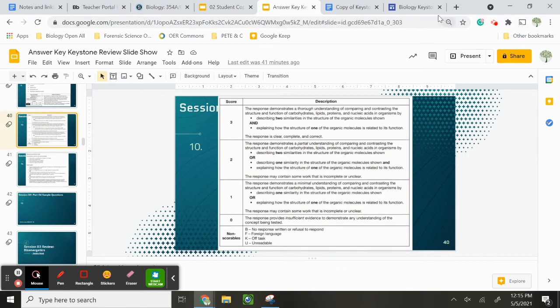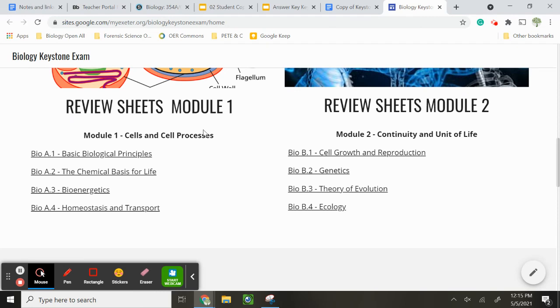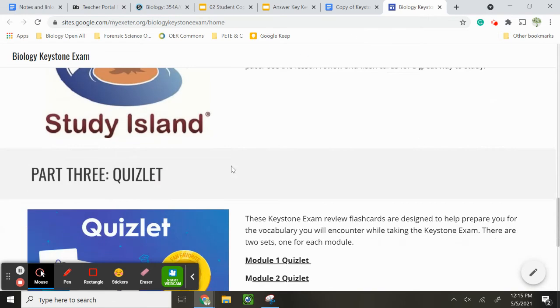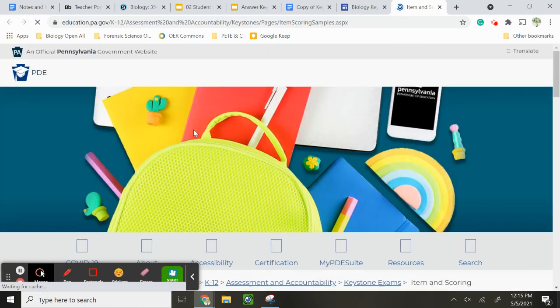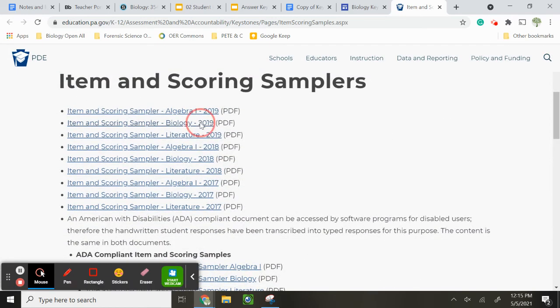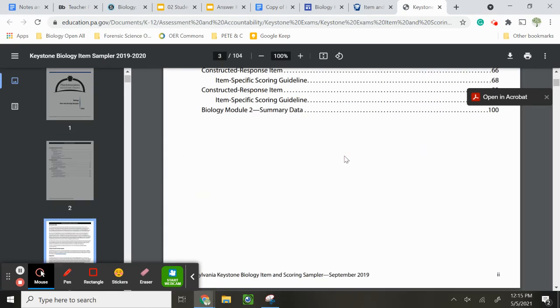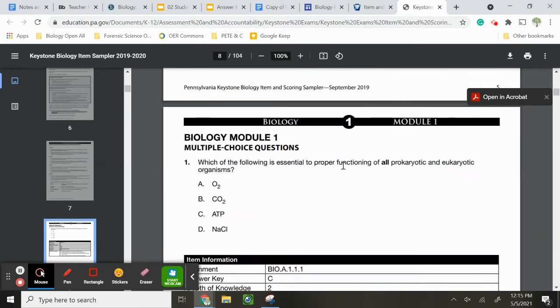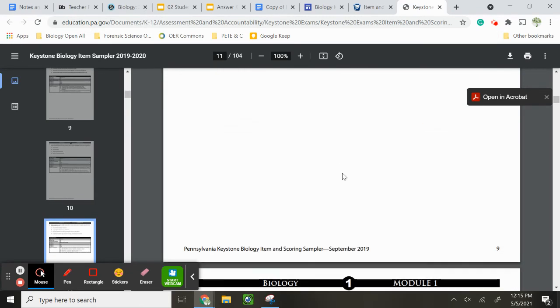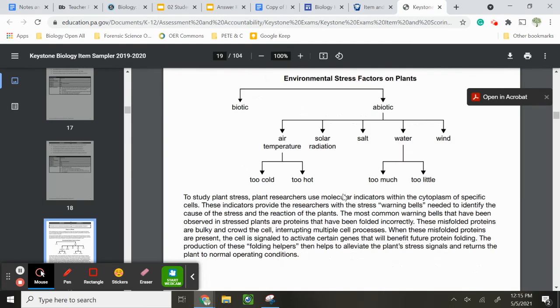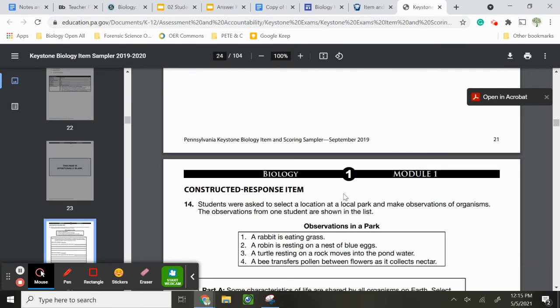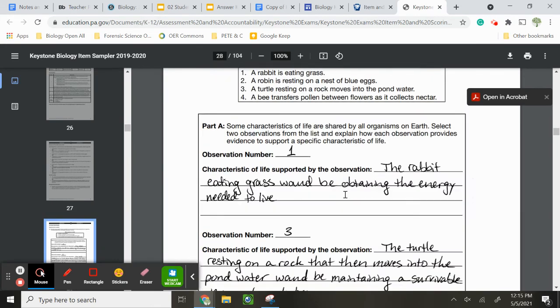All right. One thing I did want to show you guys is if we go to one of the sample books, which is where I'm pulling these questions from, one of the things you might notice, I've noticed it, if we really do have to just take an educated guess, the scoring sampler shows you the distribution of answers. And what I've noticed over the years, let me get to the page.